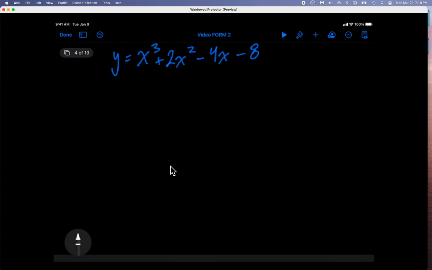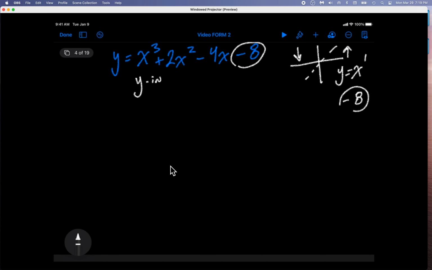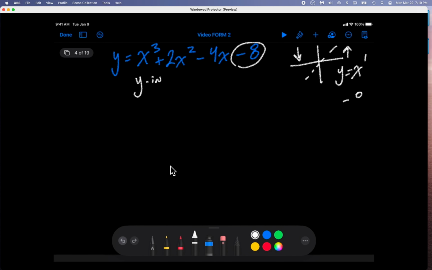It's a degree 3. That's odd. That means it's going to look just like y equals x to the first power. It's going to be down on the left, up on the right. What's the y-intercept going to be? -8. Okay, let's put that over here. All we did was plug in x equals 0 to get the y-intercept.